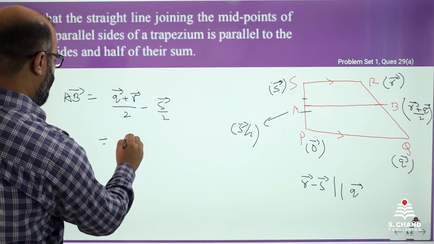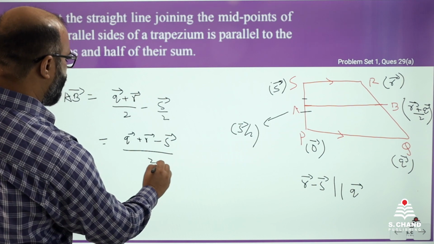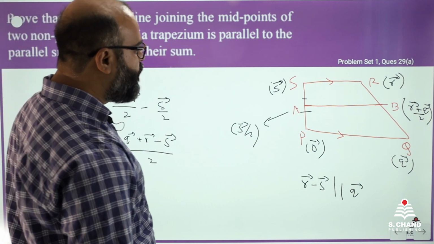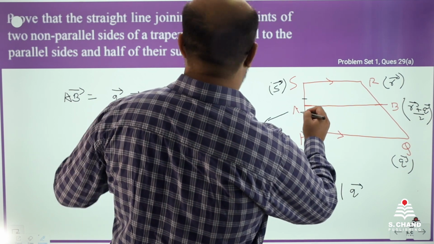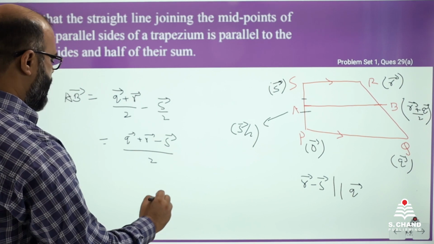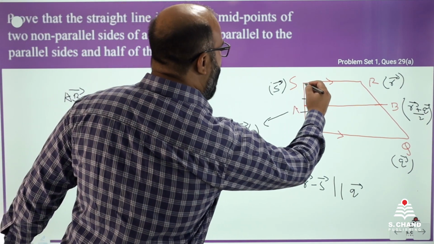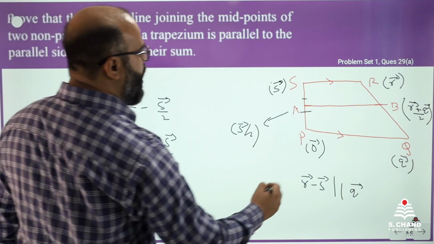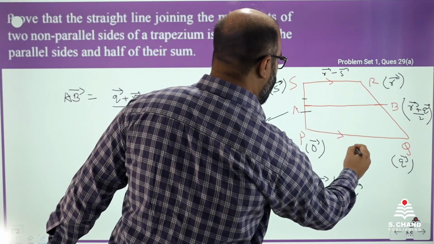So this will be (q plus r minus s) by 2. Now if we talk about the sum of these two vectors, so that will be q plus r minus s, this vector is r minus s, and this vector is q.